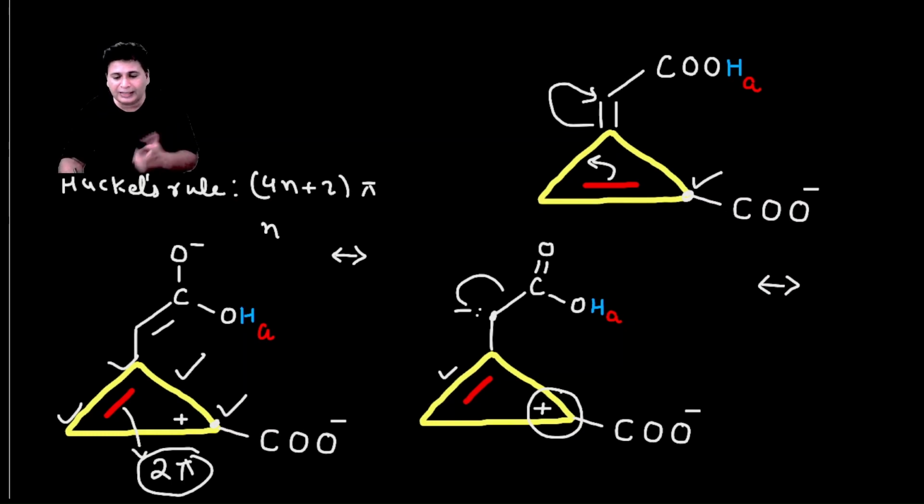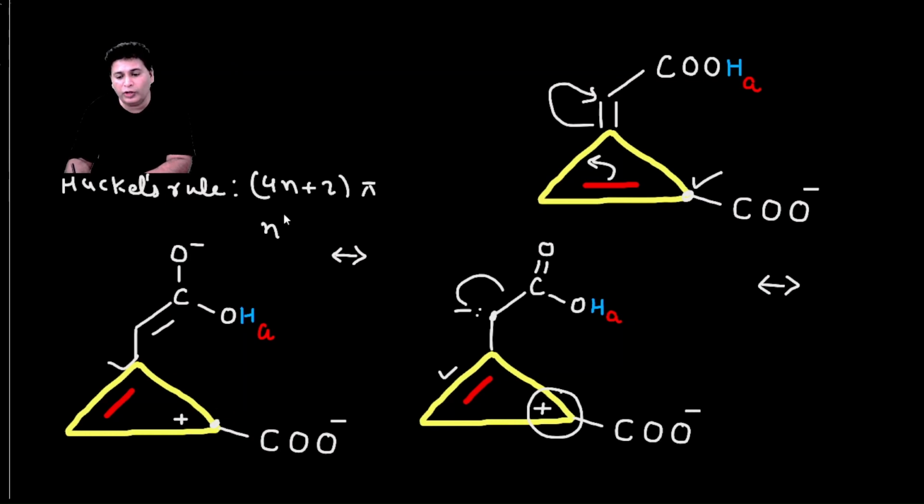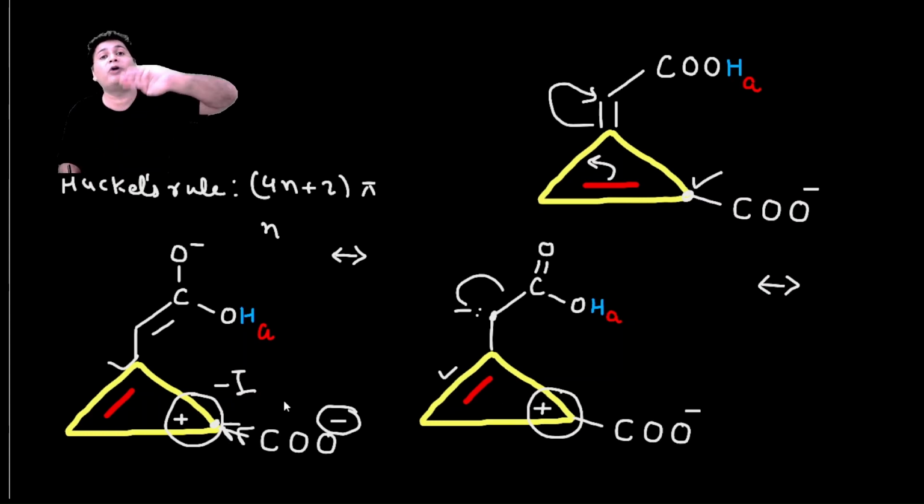You should understand, a very important thing, as you get this plus charge here, this plus charge is now going to pull these electrons through the minus I effect, and this minus charge from the carboxylate group is now getting delocalized.